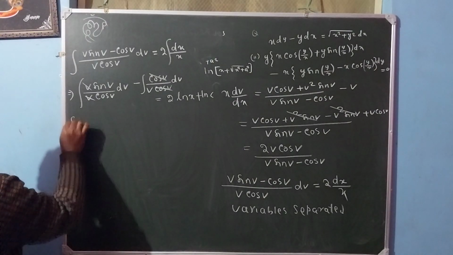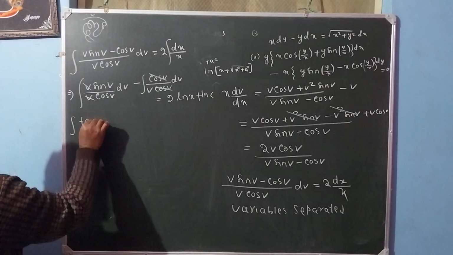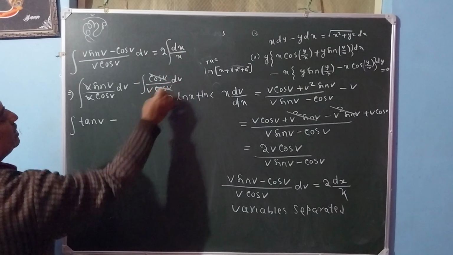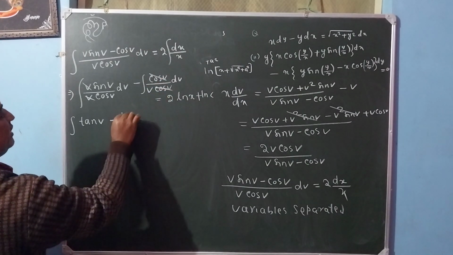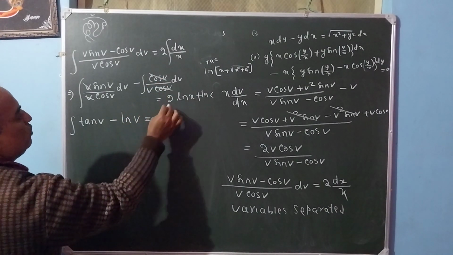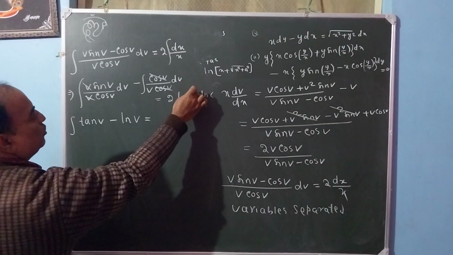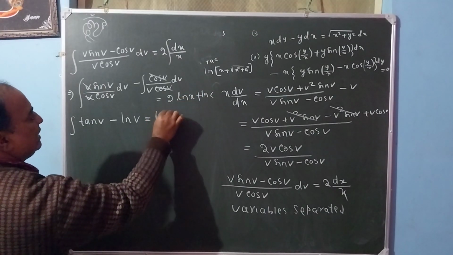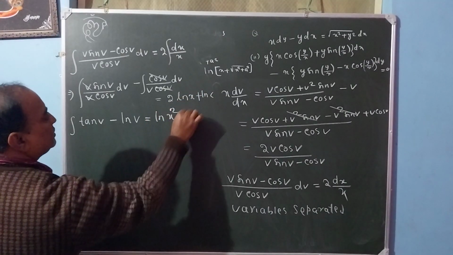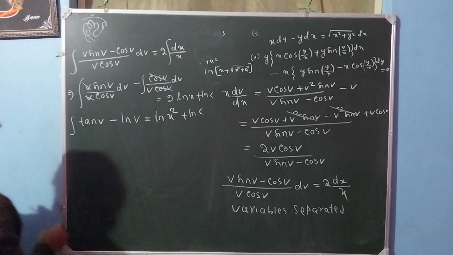The integration of tan v is ln sec v, minus the integral of dv by v, which is ln v, is equal to 2 ln x plus ln c, that is ln x square plus ln c.